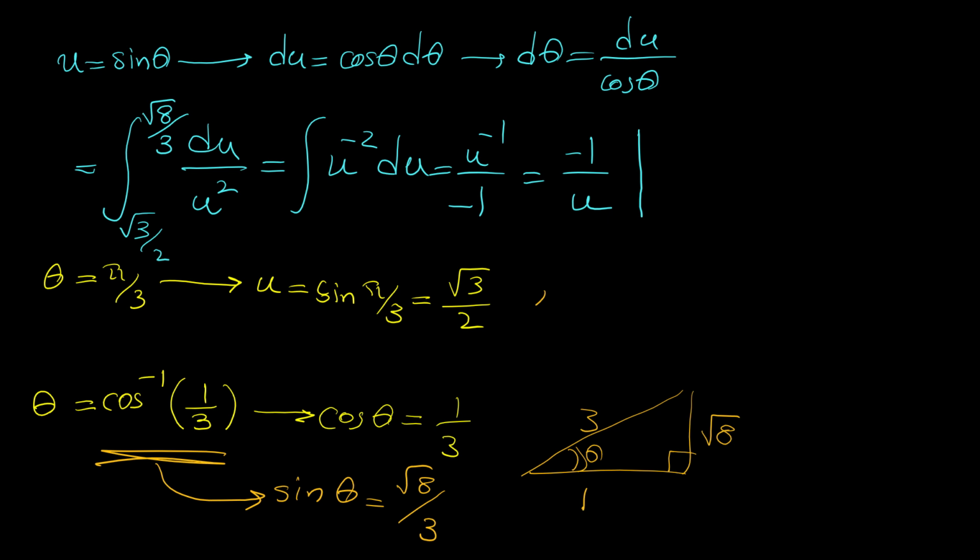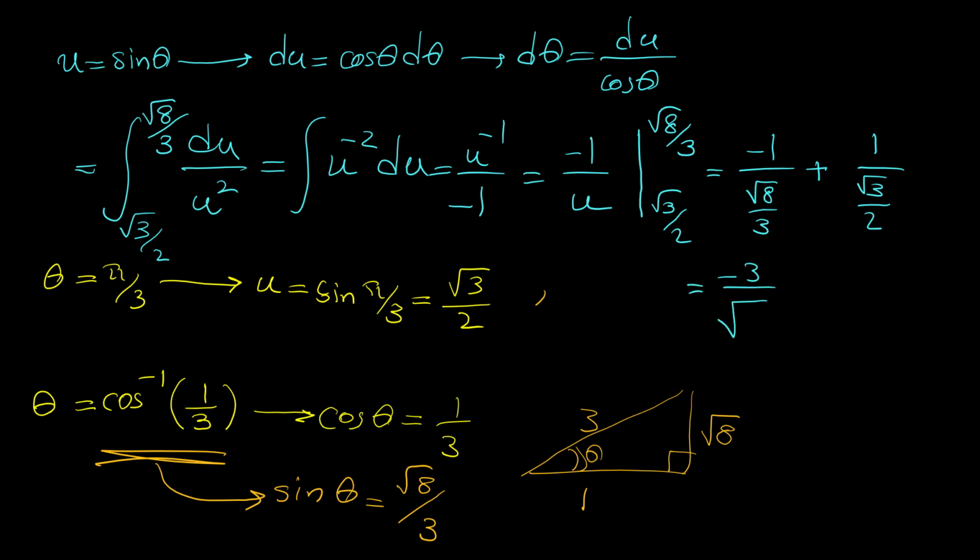From radical 3 over 2 to radical 8 over 3. If we substitute radical 8 over 3, then we have negative 1 over radical 8 over 3, minus, it would be plus, 1 over radical 3 over 2. This can be written as negative 3 over radical 8 plus 2 over radical 3.